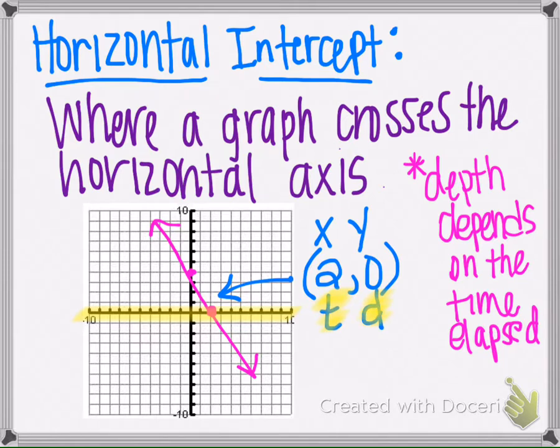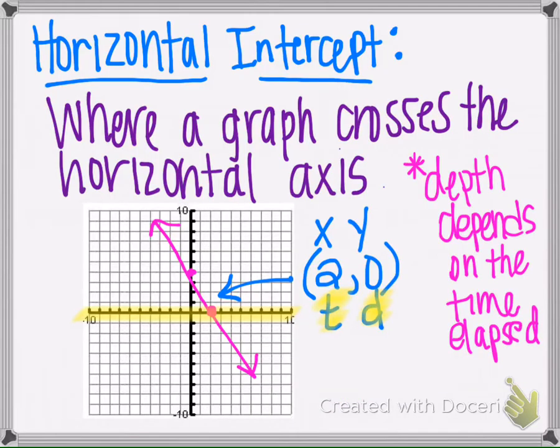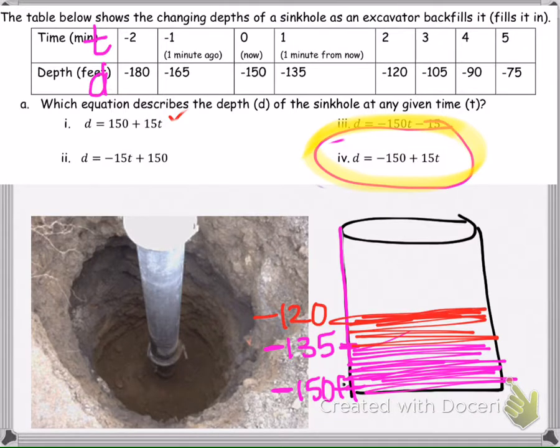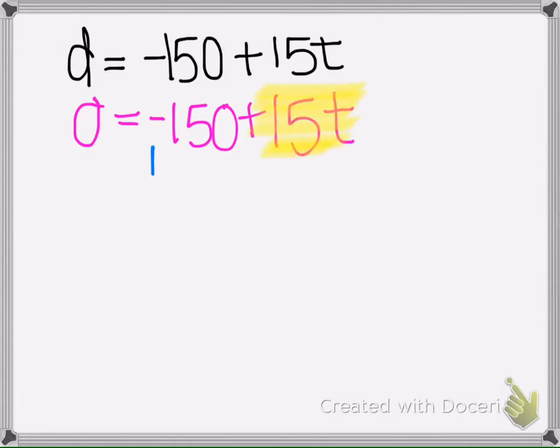So to find the horizontal intercept, we're going to plug in a 0 for D and solve the equation. In part A, we know that this is our equation, so we're going to plug in a 0 for D right here and solve it. We want to get our variable term isolated, so we're going to add 150 to both sides.